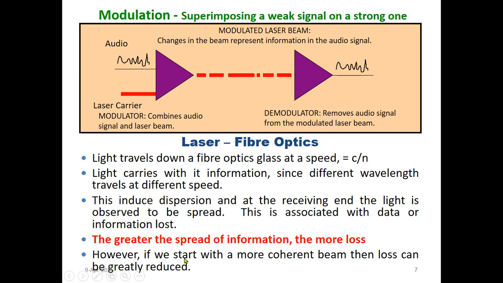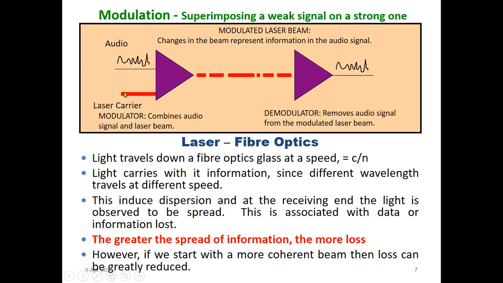To reduce this, we can take a more coherent beam, that is laser, and the loss can be greatly reduced. So it is also required in optical fiber communication, and we do it by the process of modulation. In modulation, we combine the audio signal with the laser beam, because the audio signal is very weak in nature, and in order to transmit it at a faster rate, we use the laser beam.